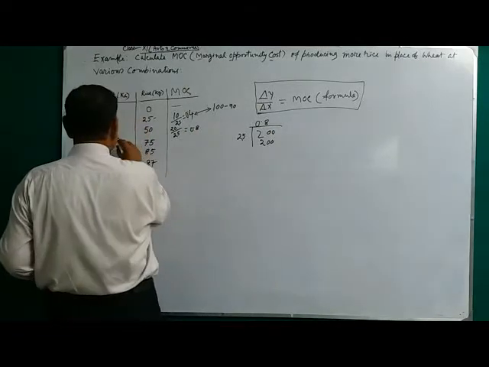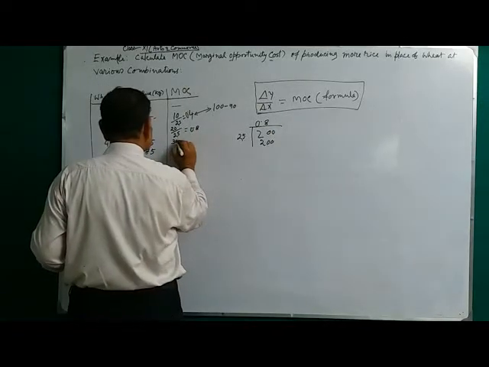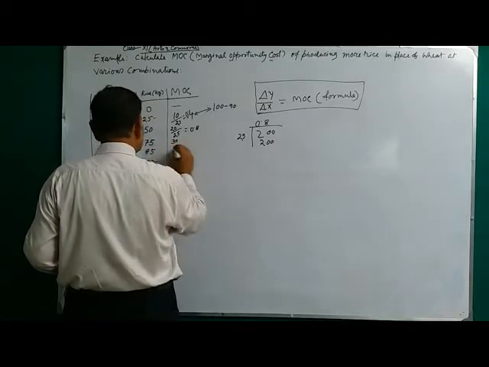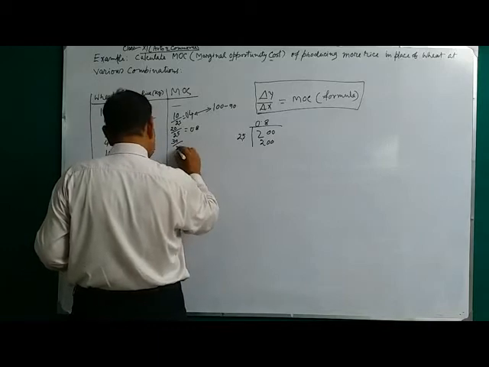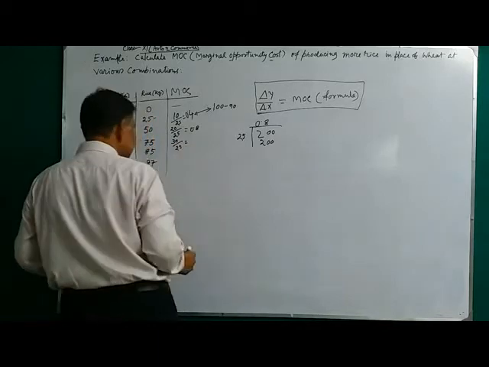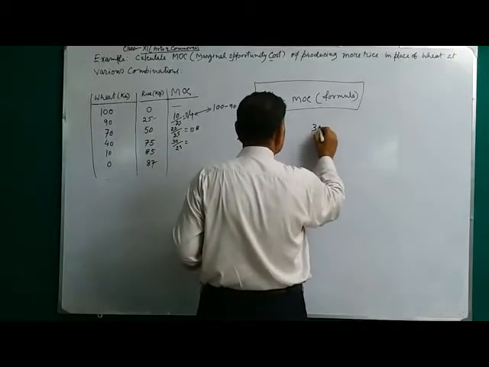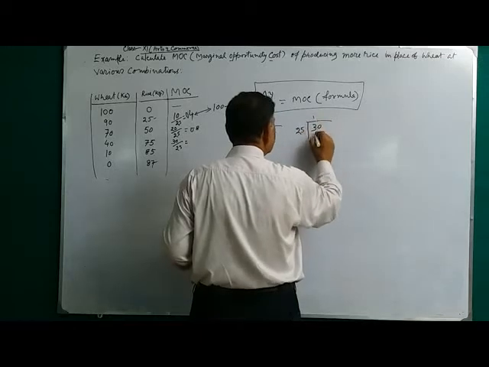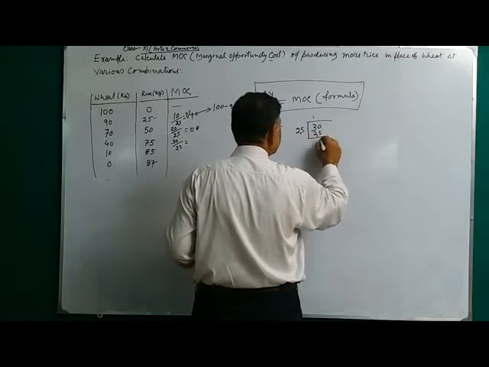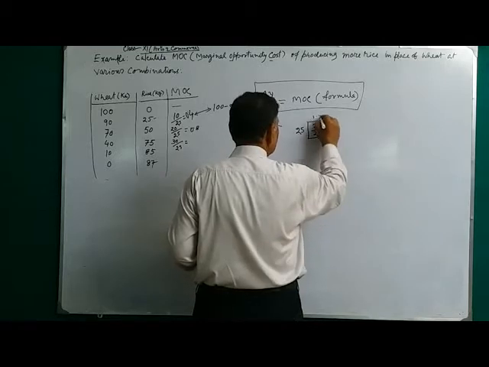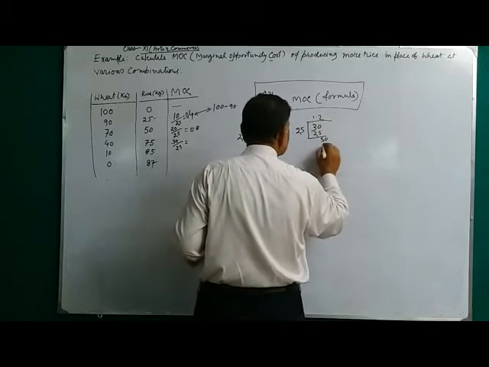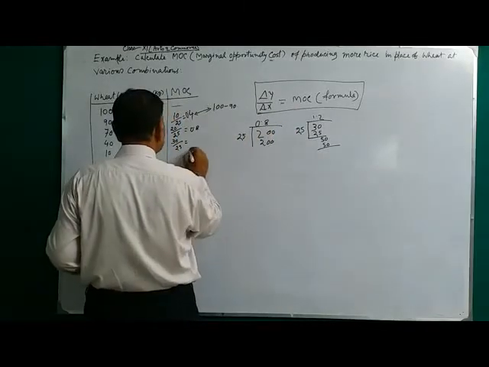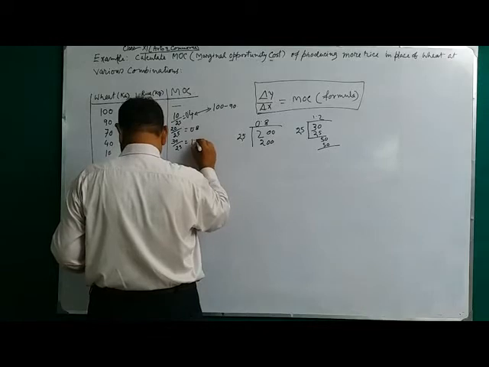Now 70 to 40, that is 30 by 25, is equal to how much? 30 by 25 is 1.2.